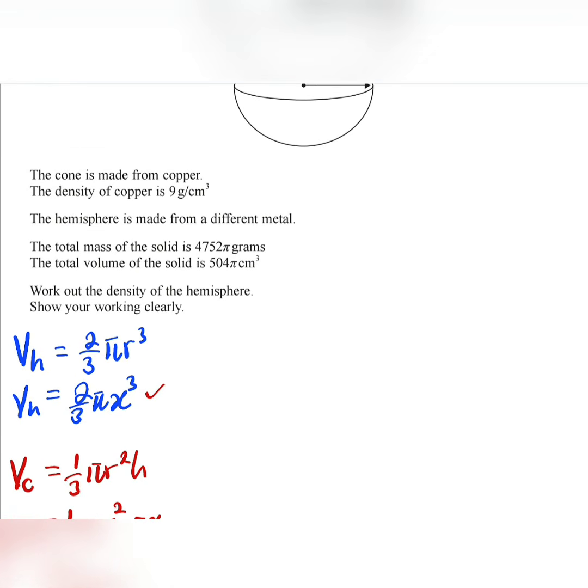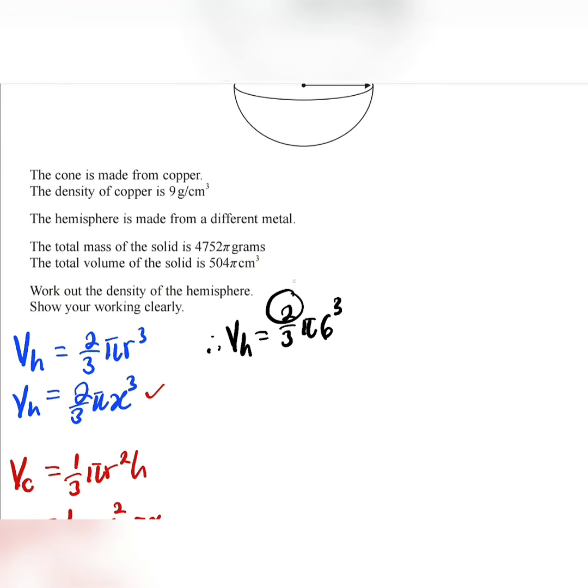Therefore, the volume of the hemisphere is equal to, this is the expression we have, 2 over 3 pi, x is 6, so we have 6 to the power of 3. Let me take my calculator and plug this directly. 6 times 6 times 6, this is 6 to the power of 3.